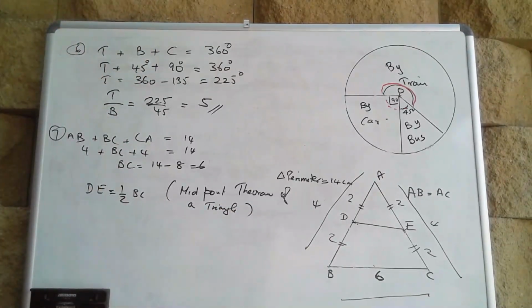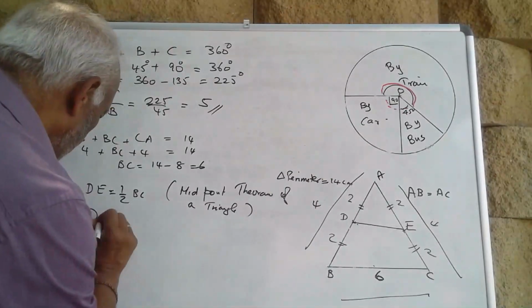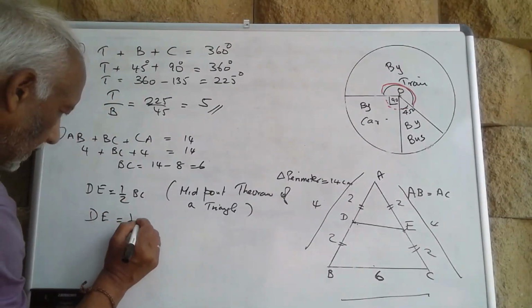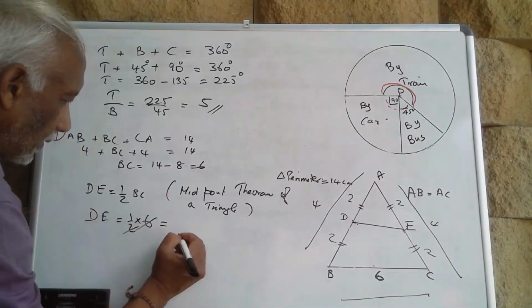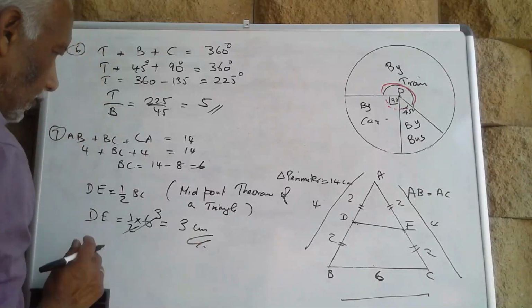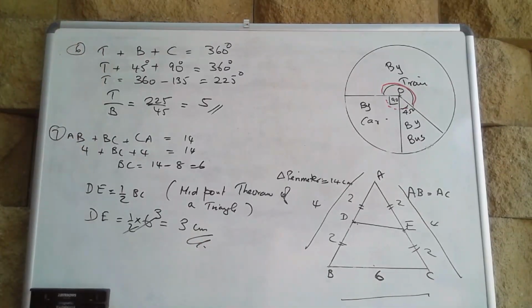In that case, DE must be equal to half times 6, which is simply 3 centimeters. So that's the answer for DE. So that's question number 7 done.